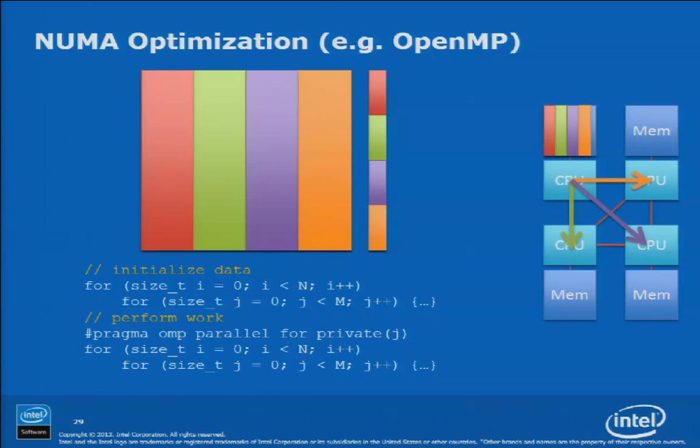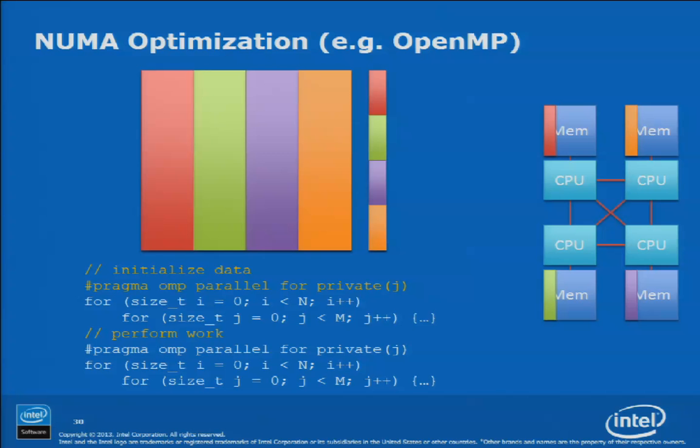And the idea here is that you always parallelize the data allocation loops in the same way as you parallelize the worker loops. And this gives you a local slice of the allocated memory on each node so that all the local threads go to the local main memory.